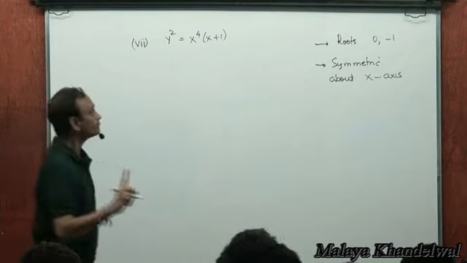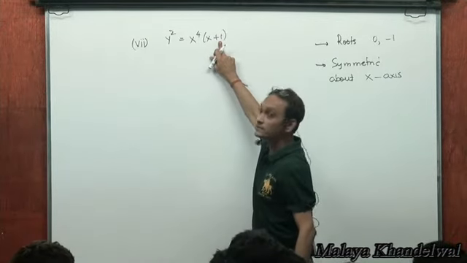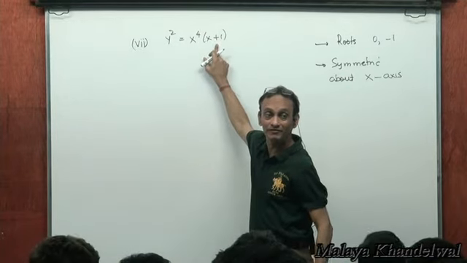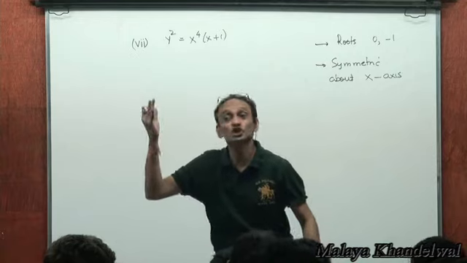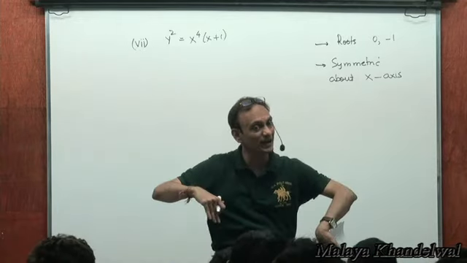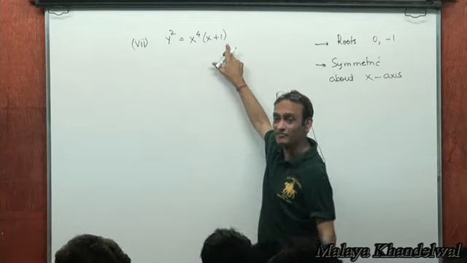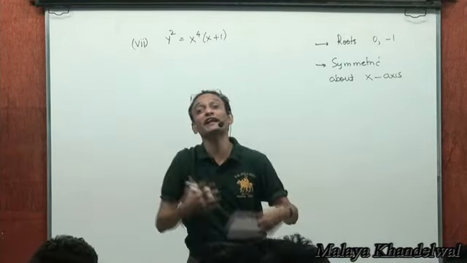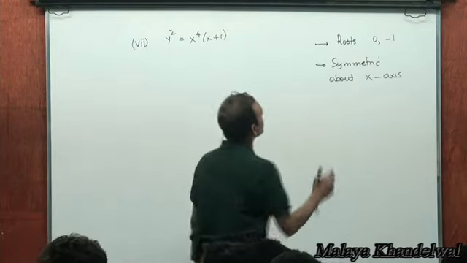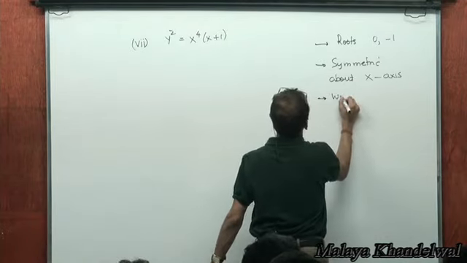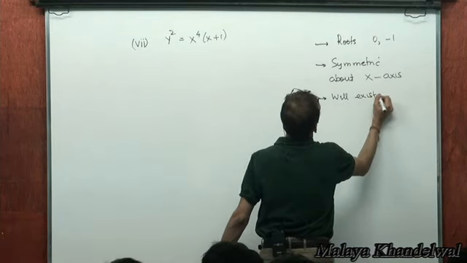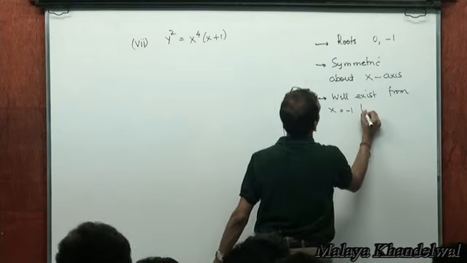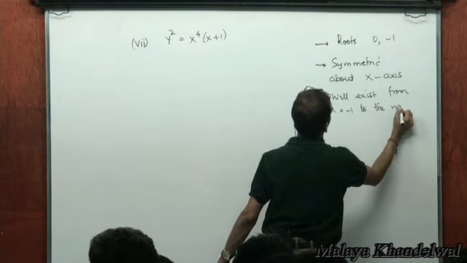Also, when x is less than minus 1, y square will become negative. So, x less than minus 1 is not possible because for x less than minus 1, this number becomes negative, but y square cannot be negative. That means the graph does not exist to the left of minus 1. It will exist from x equal to minus 1 to the right only.